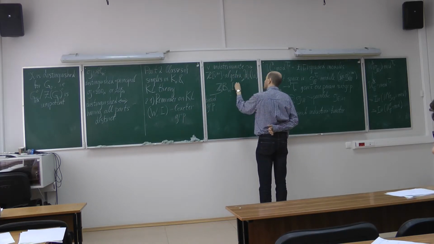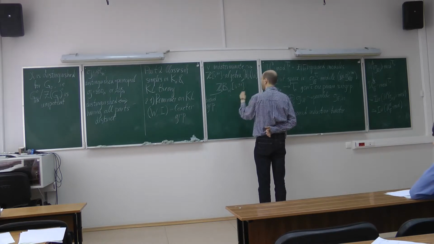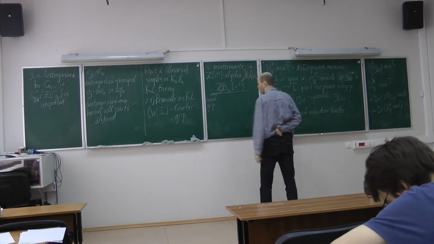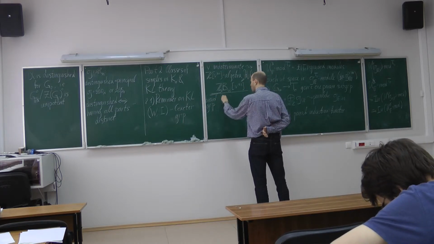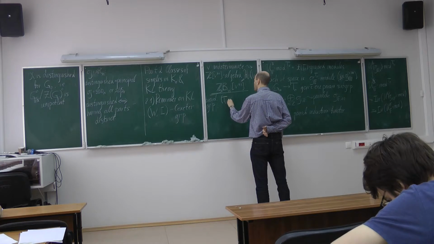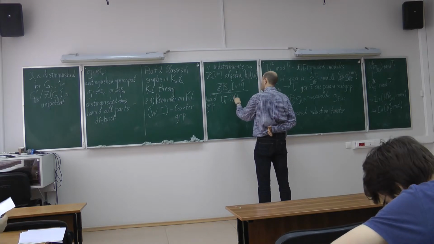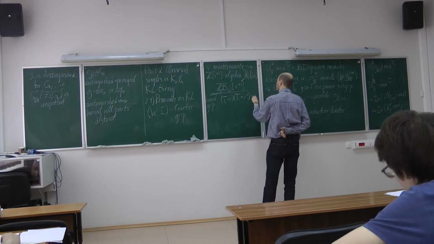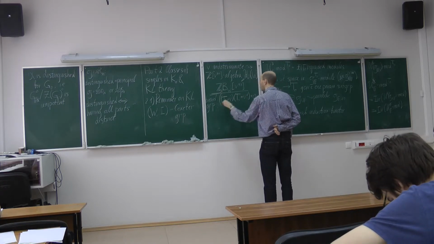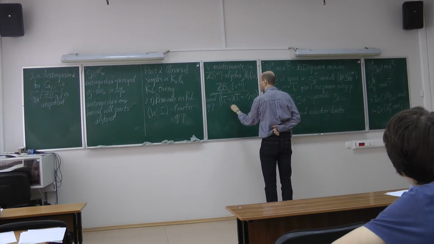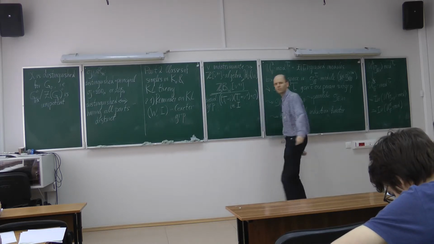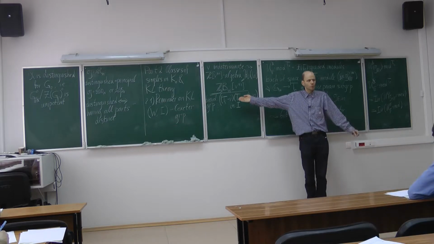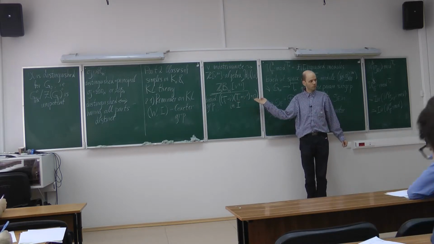You adjoin v plus minus 1, and you mod out by relations (T_i - v)(T_i + v^{-1}) = 0, where i is in I. These are generators of the braid group corresponding to simple reflections, and you impose this condition.